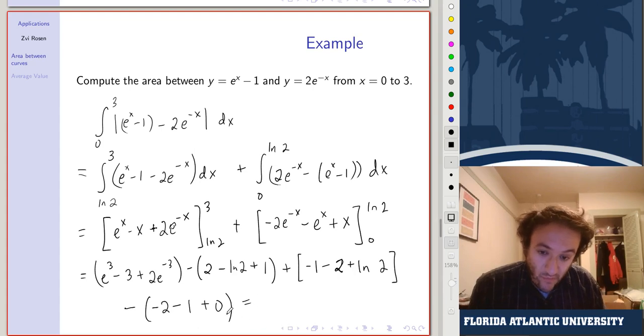And when all is said and done, what we get is, grouping terms, e cubed plus 2e to the minus 3. Okay, then we pick up minus 3, minus 2, that's minus 5, minus 6, minus 7, minus 9.